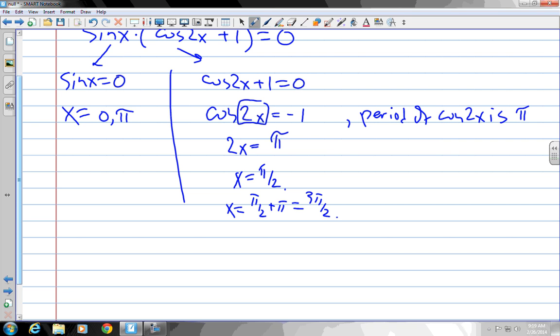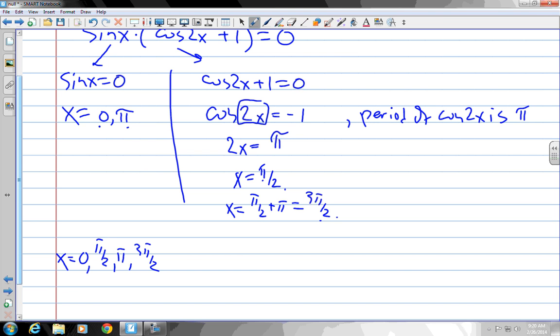So here are my solutions. The solution set is 0, pi over 2, pi, 3 pi over 2. That's just on the first circle.